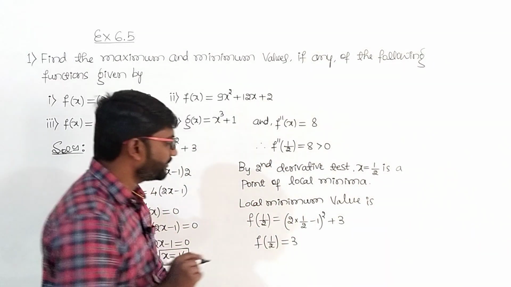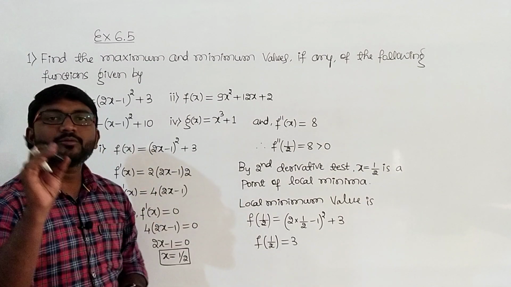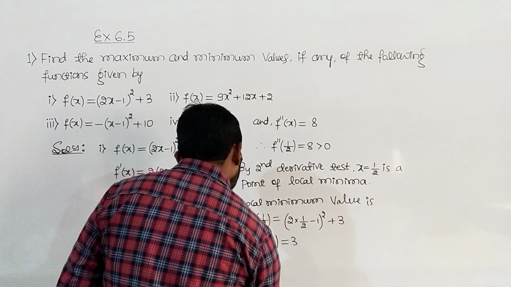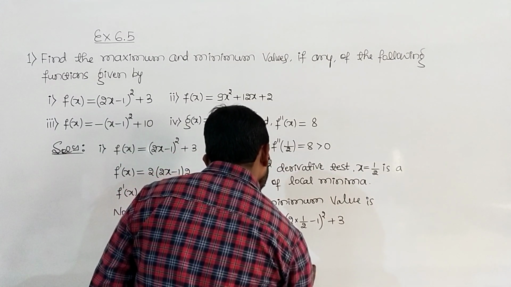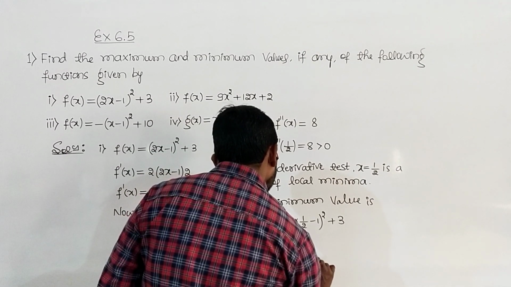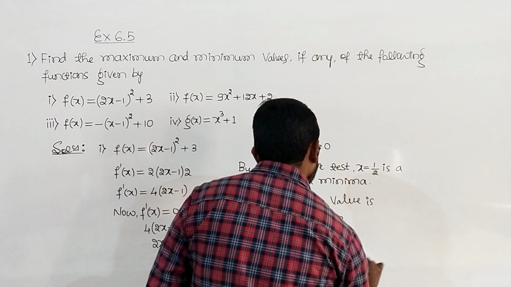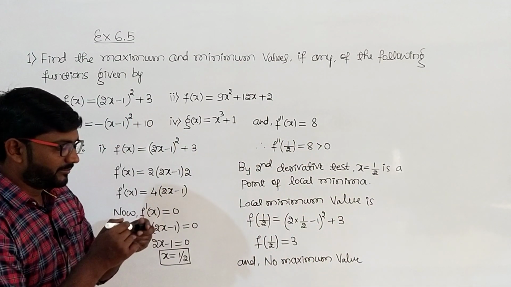The minimum value of the function is 3, and for this function there is no maximum value. So this is all about the Roman number 1.